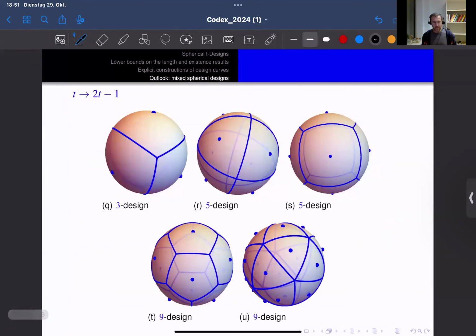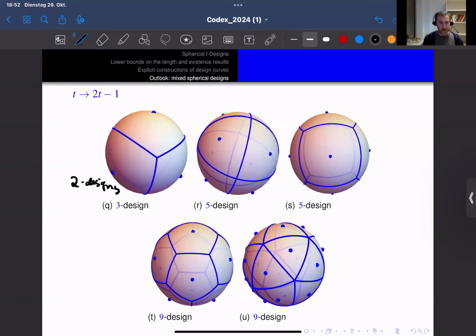And it turns out for the regular polytopes, what you could do is take the edges of the regular polytopes, put in the center of each face a point, and then we get 3 designs, 5 designs in the first row. So the separate ones, just the points and just the edges, in this case would only be 2 designs.